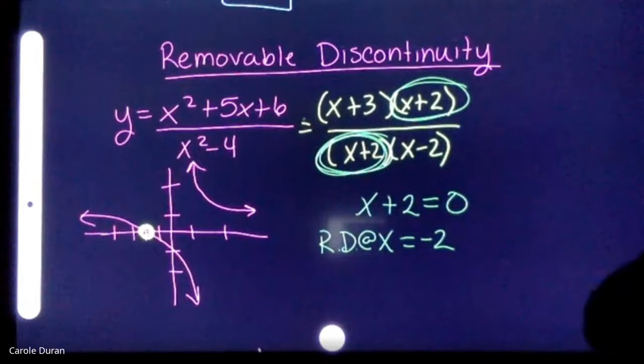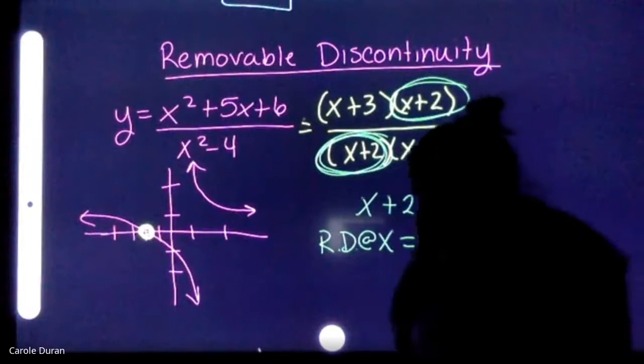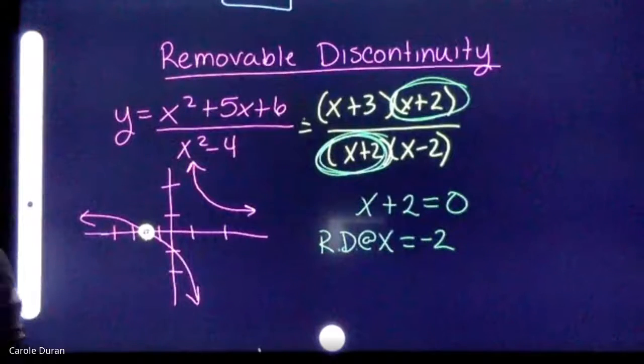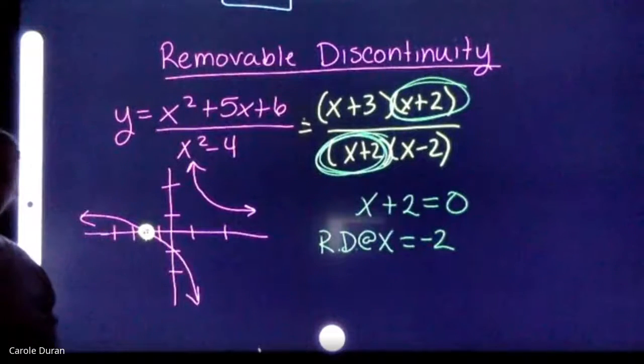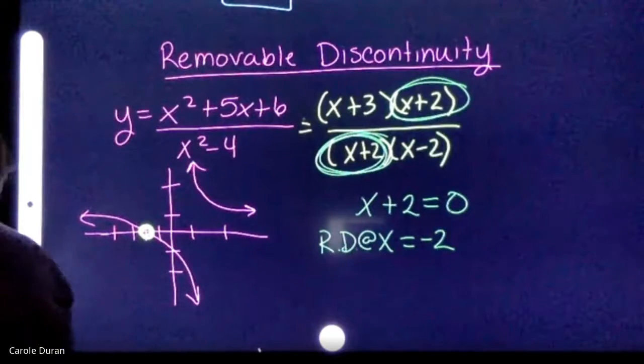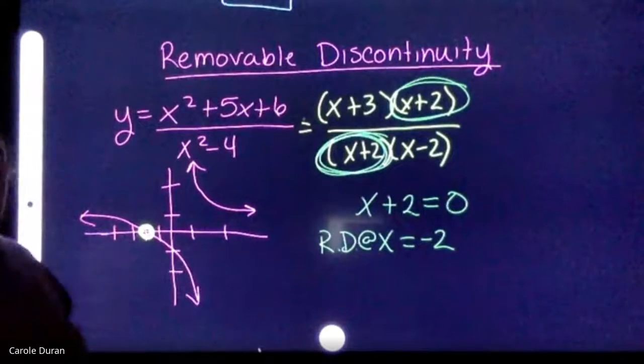So I have a follow-up question for you. If I didn't have the graph, could I find a horizontal asymptote or an oblique asymptote? Do you guys think we could do that?